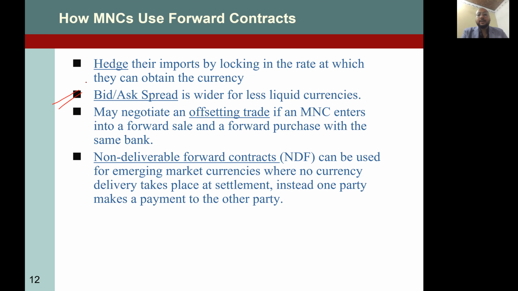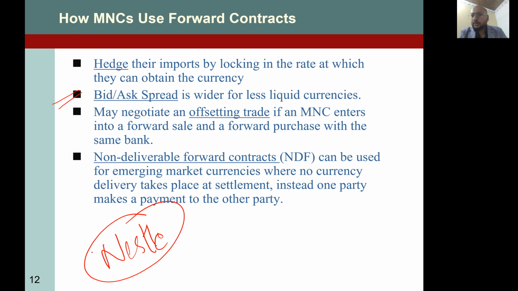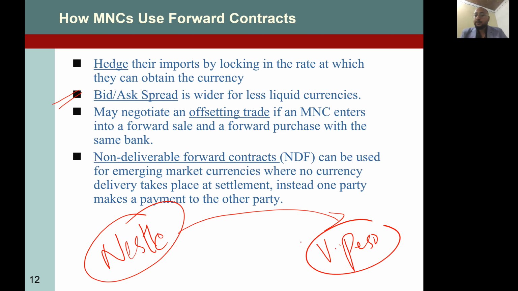Now, bid ask spread. Sometimes, for example, name the biggest company, for example, Nestle. It is doing business almost all over the world. So if Nestle is doing business in Venezuela, and the currency is the Venezuelan peso, does every country recognize and deal with the Venezuelan pesos?